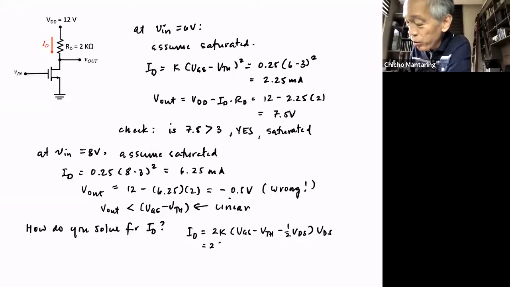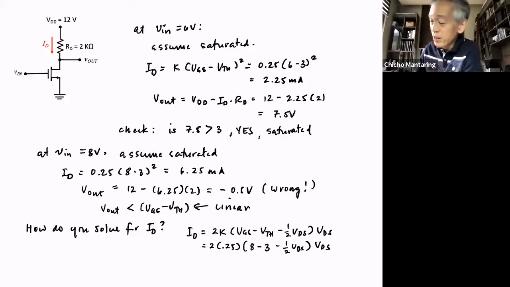So this is 2 times, ano yung K? 0.25. VGS is V in, so this is 8 minus 3 minus 1/2 VDS multiplied by VDS. So this is one equation that relates VDS to I sub D.